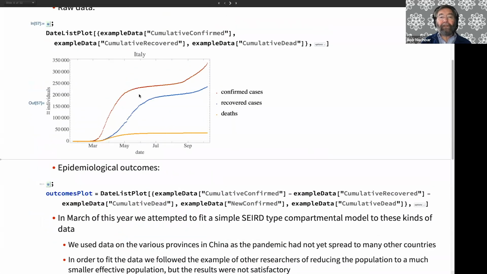And this is the typical sort of curve we see of those data: the number of confirmed cases over time, the number of deaths over time, and the number of recovered people over time. We see that the pandemic in European countries and in North America began in March. In China, that was beginning earlier in January and February.